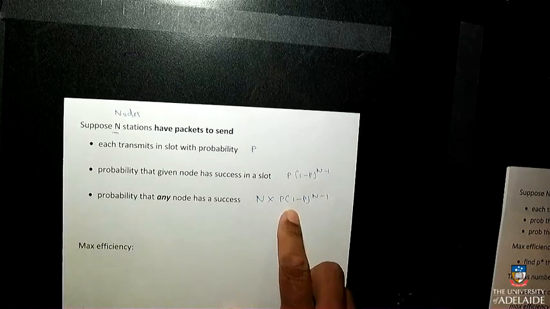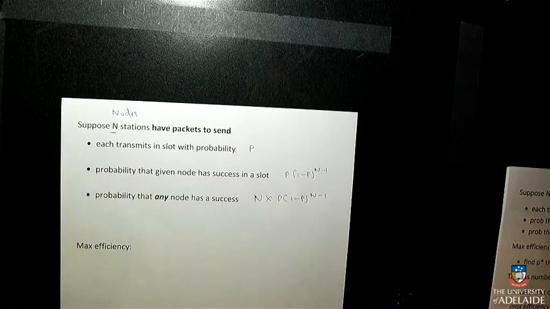This is like a binomial distribution. Probability of success for an experiment is p, failure is 1 minus p. So that's fairly simple. We now have a way of determining the probability for any given node to be successful.